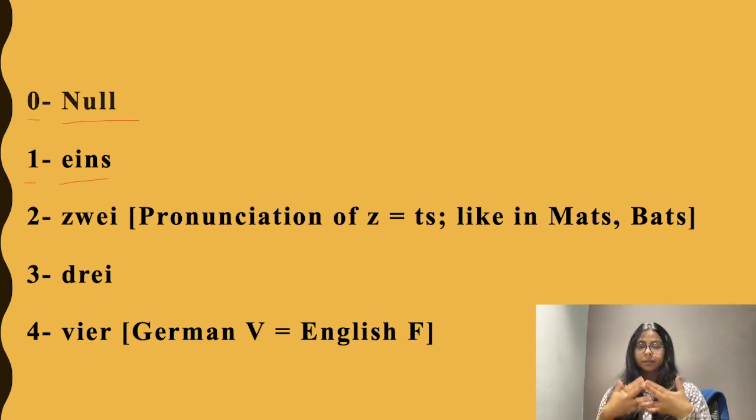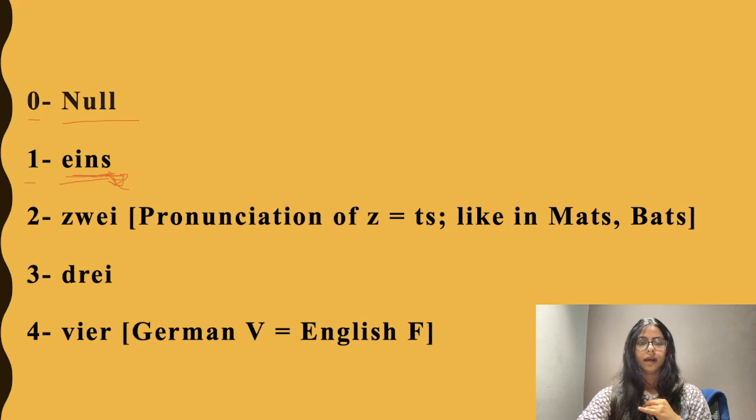Now we learned in the previous lessons that S has the sound of Z. But whenever the letter S occurs at the end of a German word, or after the last vowel within that word, then it is pronounced as in the English S. Hence one is pronounced as eins because it is at the end.